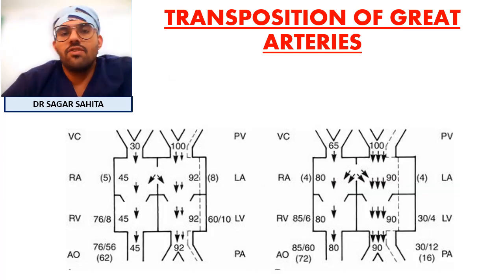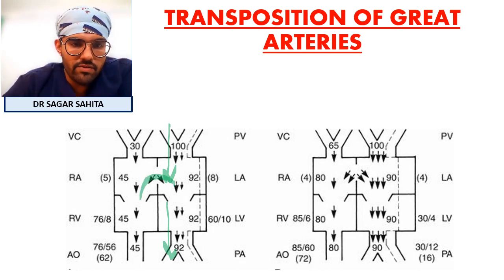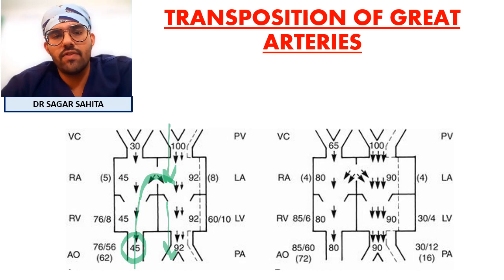In transposition of great arteries, here you can see that once the child is born, pulmonary vascular resistance falls and there is more blood flow from the LV to the PA and more blood entering the left side of the heart. Very little oxygenated blood is flowing to the right side of the heart and into the systemic circulation. Systemic saturation is only 45.